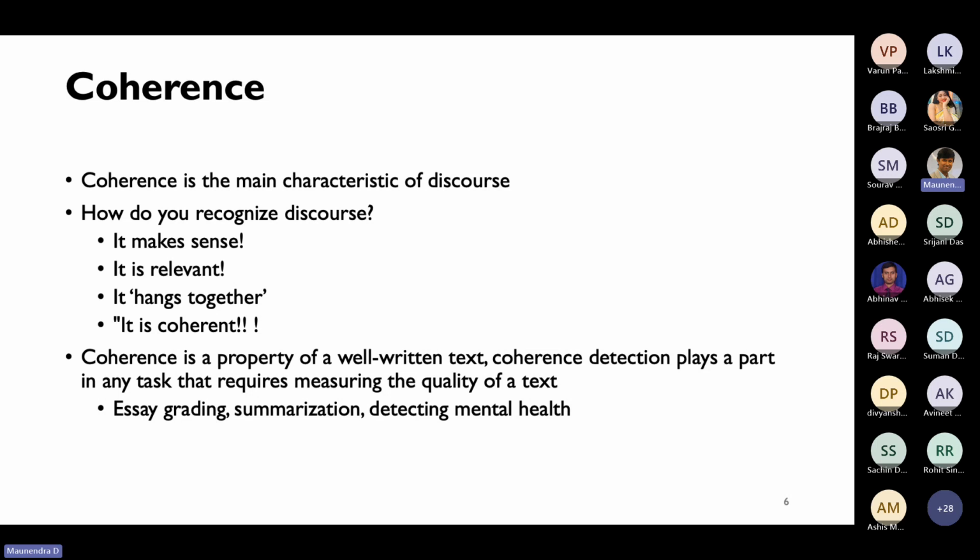Are they able to think in a proper logical manner? It all gives some indication regarding how the brain is functioning. So at a concept level, discourse is a collection of coherent sentences, and a proper understanding of discourse is useful in many tasks.